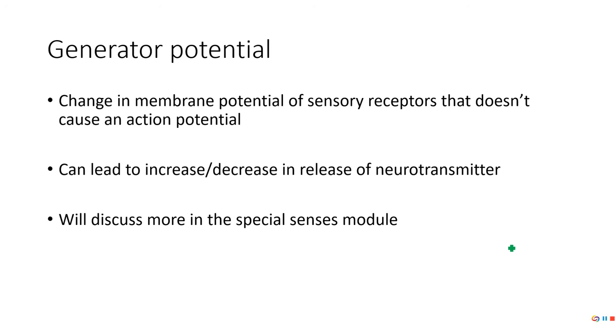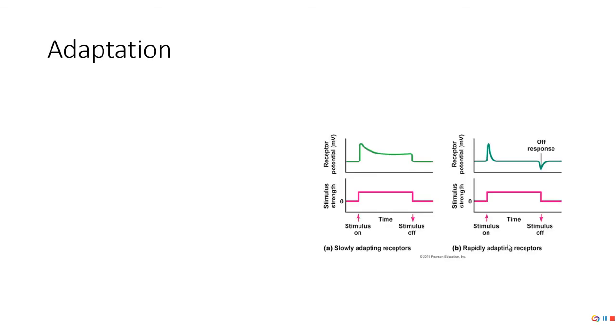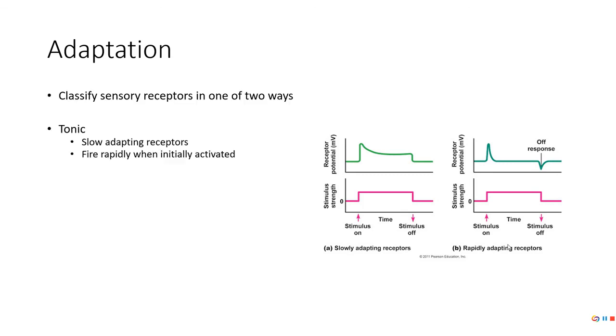Now, one of the interesting things about these sensory receptors is that they experience something called adaptation. With these receptors, we can classify them as either tonic or phasic. Now, tonic are slow adapting receptors. They fire a lot. The neurotransmitter released increases rapidly when they're first activated.